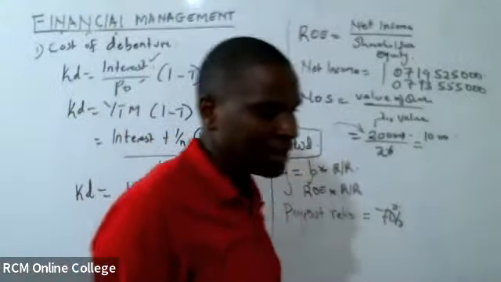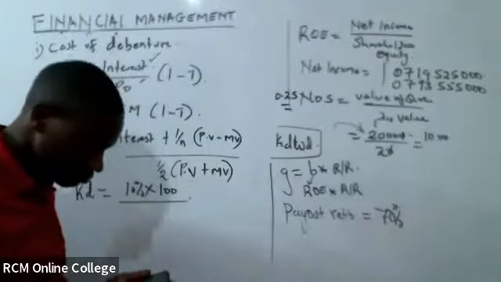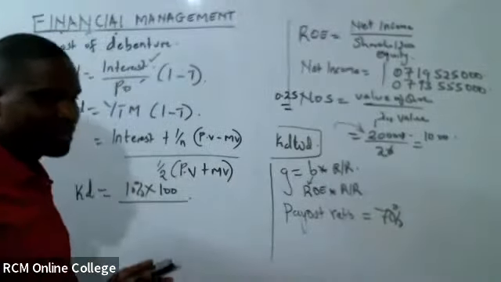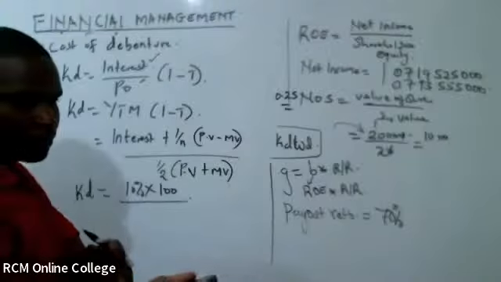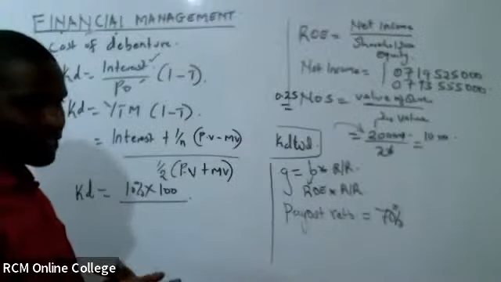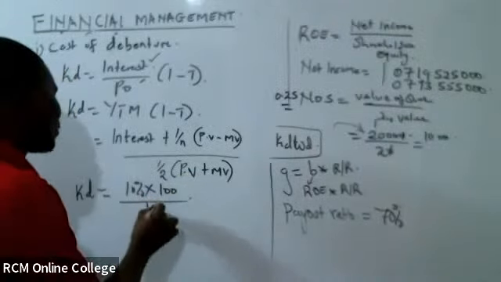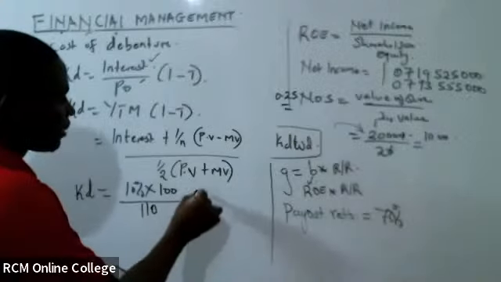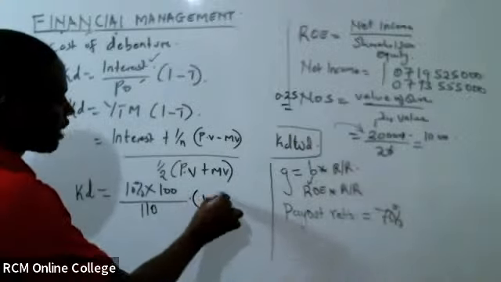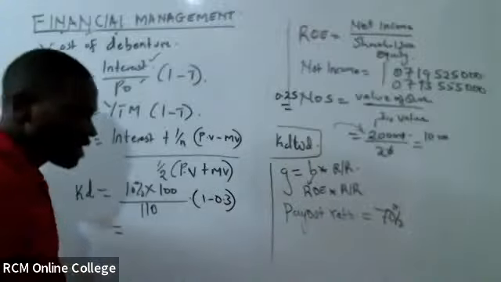Just check the additional information. They have told you it is 110% of par, which will give you 110, and then you adjust for tax, which you were told is 30%. So can you give me the KD?